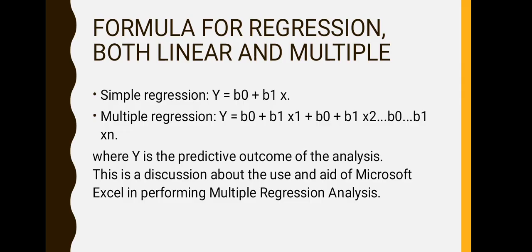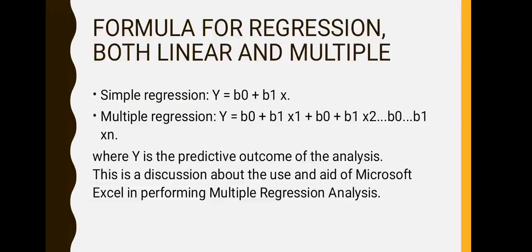First is the simple regression wherein y is equals to b sub 0, which is the constant of the whole data set, plus b1 times the value of x, which is the first type of variable.